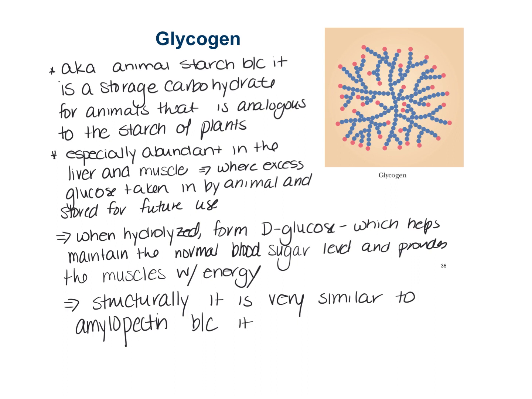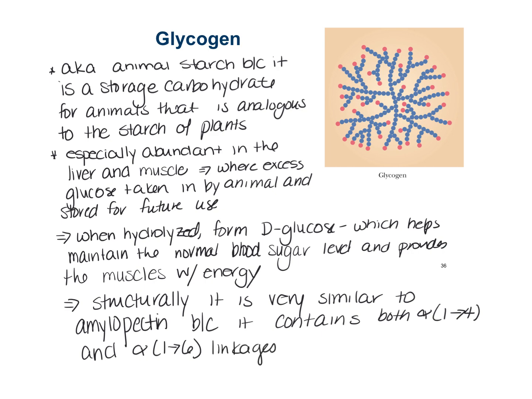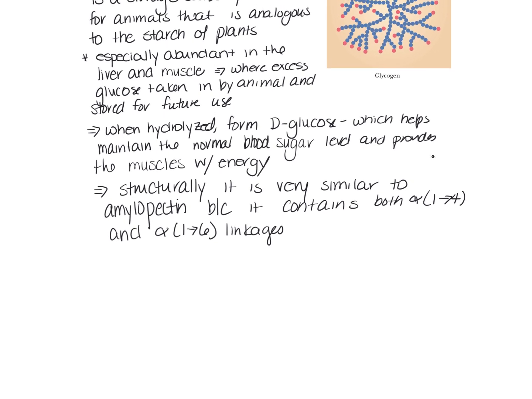Because it contains both those alpha 1,4 and alpha 1,6 linkages. Now, where it's different though is that these are going to be between 8 to 12 D-glucose units.